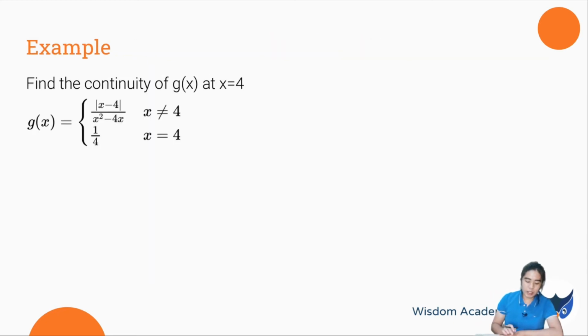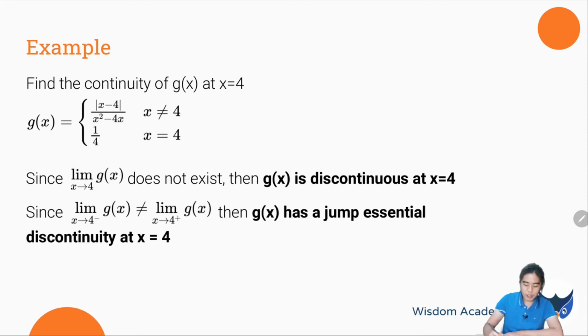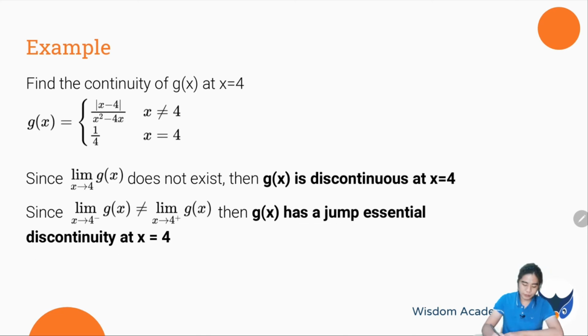So, yung example natin kanina na hinanapan natin ng continuity sa g of x, remember lang natin yung solution. Makita natin na limit of g of x as x approaches 4 from the right, limit niya is 1/4. From the left, limit niya is negative 1/4. So, since hindi siya equal to each other, masasabi natin na g of x is discontinuous and specifically, g of x has a jump essential discontinuity at x equals to 4.